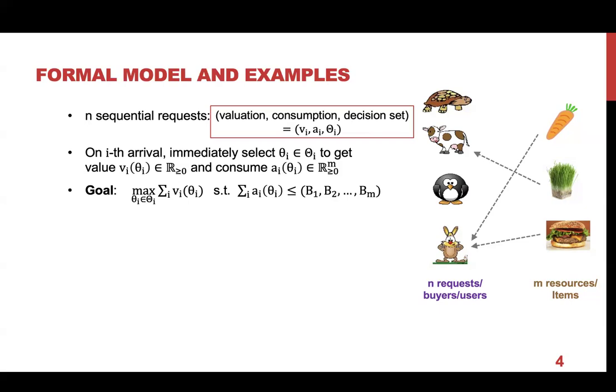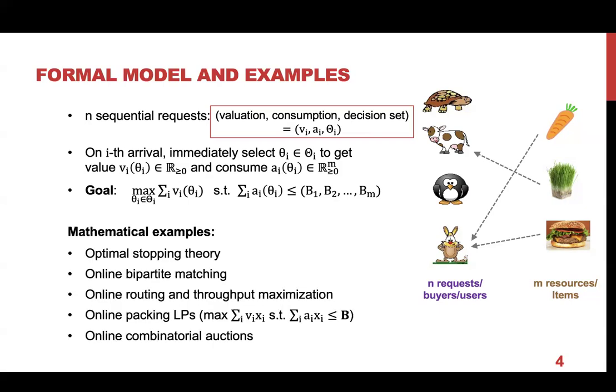I already talked about a bunch of real world problems in the last slide, but here's a bunch of mathematical examples as well. This is a very classical problem, already in optimal stopping theory in the 50s, 60s, more than 60, 70 years ago, this was being studied, like prophet inequality, secretary problems. Some of you might have heard of these. They are more about single resource allocation, how to hire a secretary.